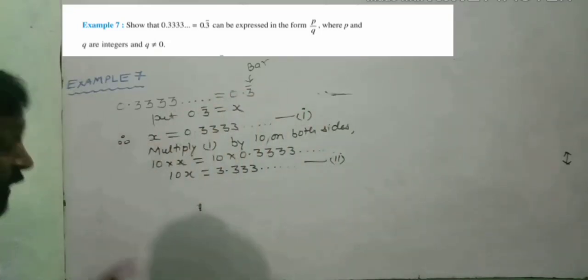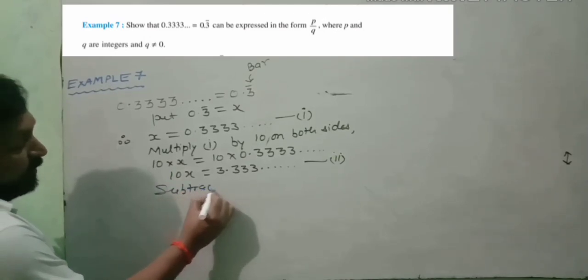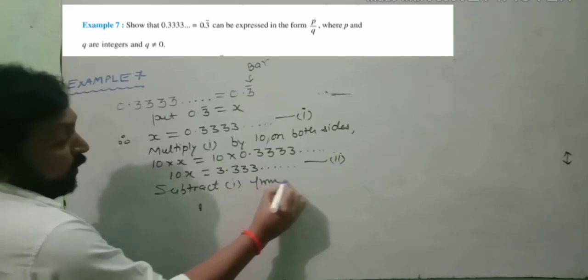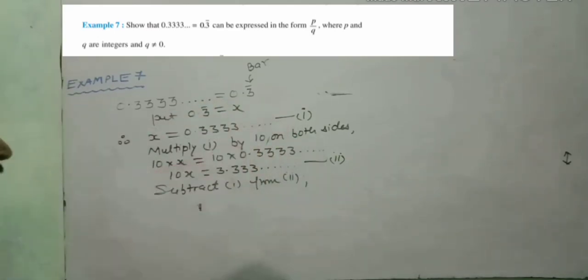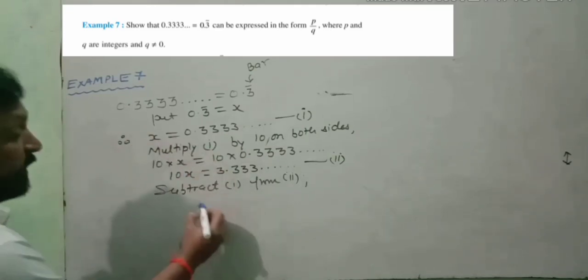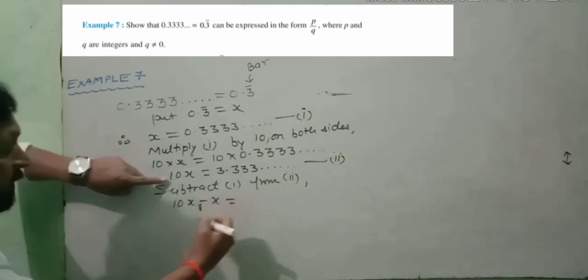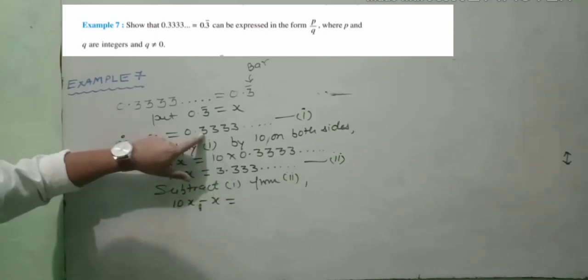Understood? Next step, subtract. From the second equation we have to subtract the first equation. It means 10x minus x: left hand side will subtract left hand side and right hand side will subtract right hand side.